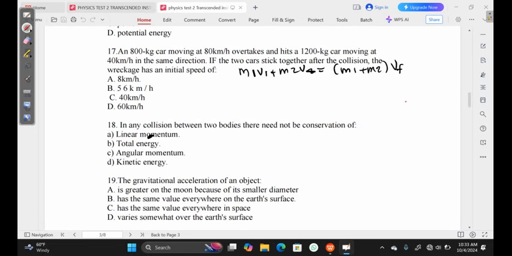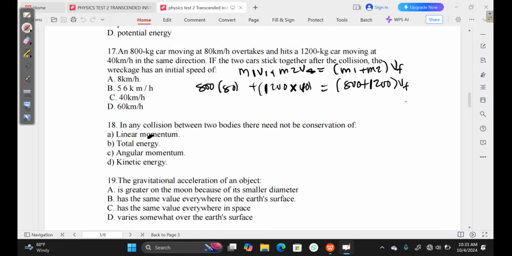So the initial mass is 800, the velocity is 80. Then again here the mass is 1200, the velocity is 40. Then the mass, like we have said, is 800 plus 1200. The velocity I don't know.